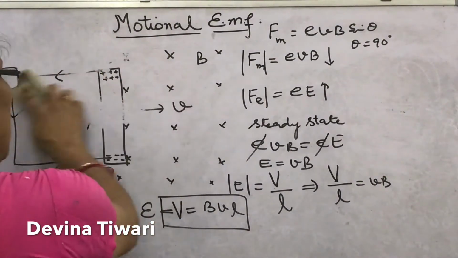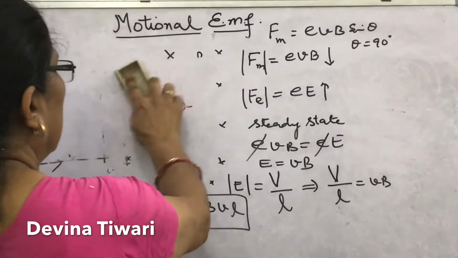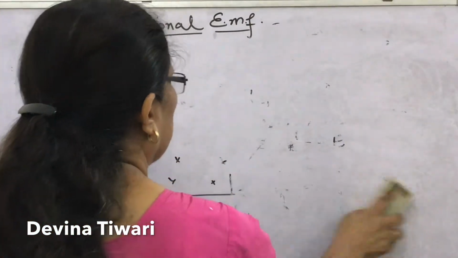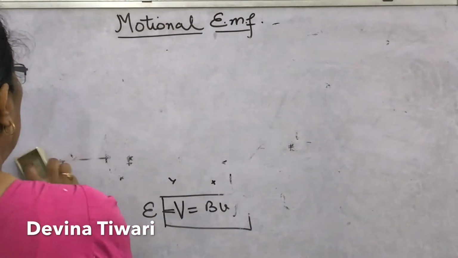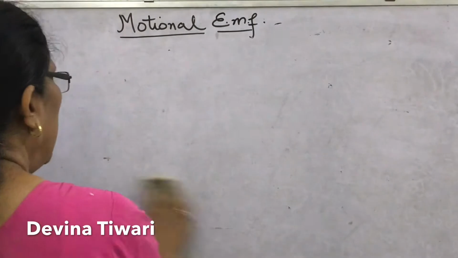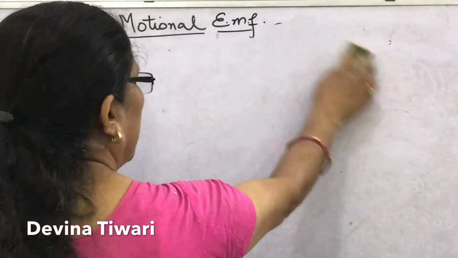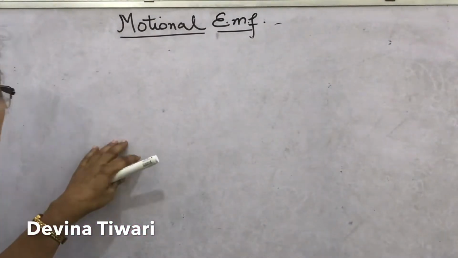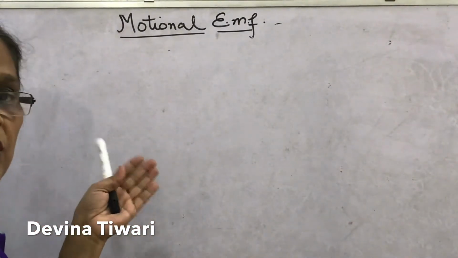Now, if the rod is sliding on a rectangular conducting frame in a perpendicular magnetic field, then what happens, and how will you find the expression for motional EMF, and how is Faraday's law derived?